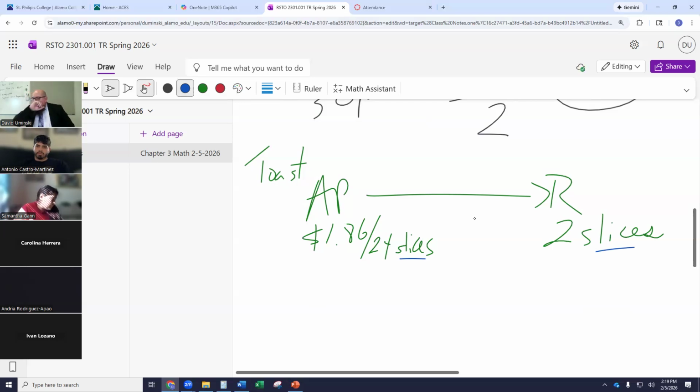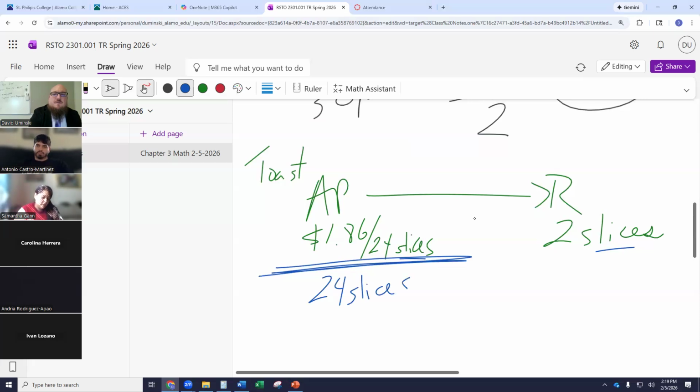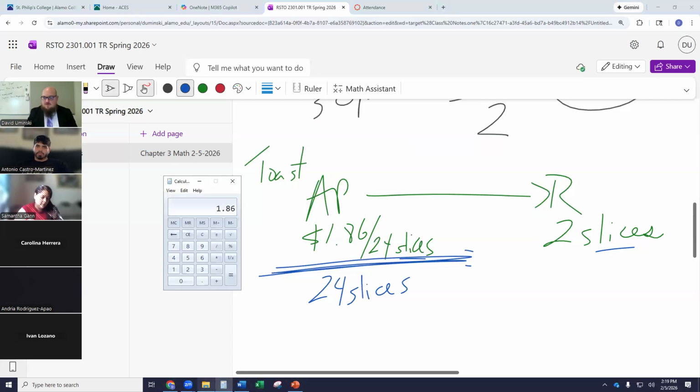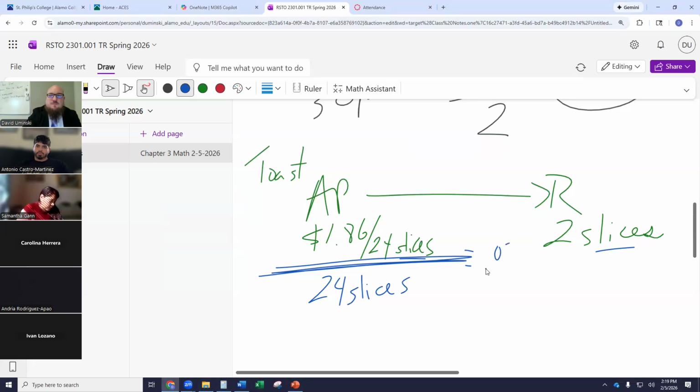Now we get to the cost of 1 slice. So we divide $1.86 by 24 slices. What is our cost per slice? 8 cents. All right, 0.775.